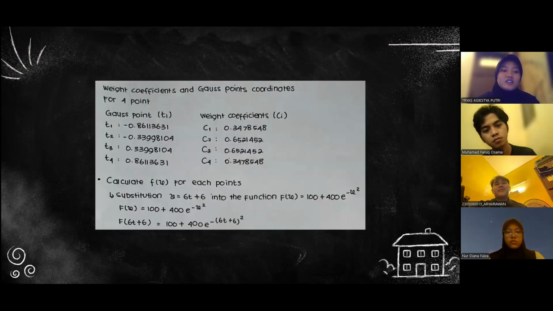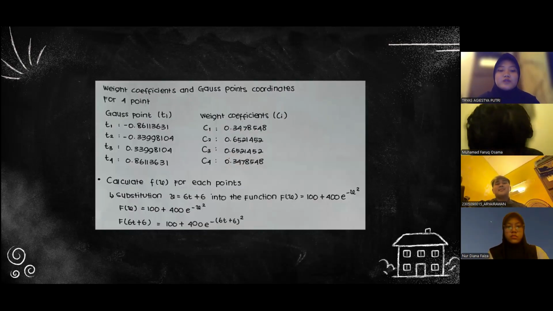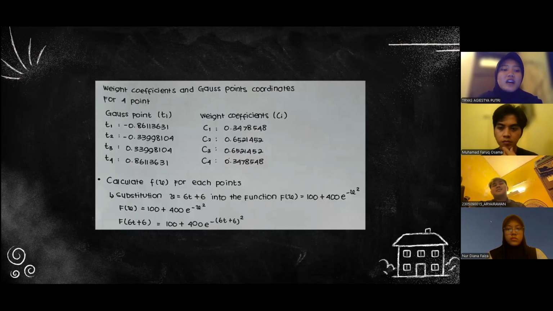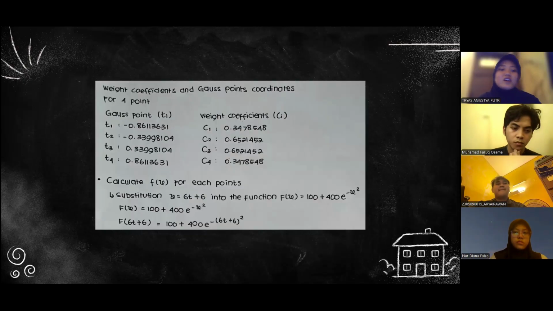We substitute x equal to 6t plus 6 into the function f(x) equal to 100 plus 400 times e to the negative power of x squared, so that f(6t+6) is equal to 100 plus 400 times e to the negative power of (6t+6) squared.